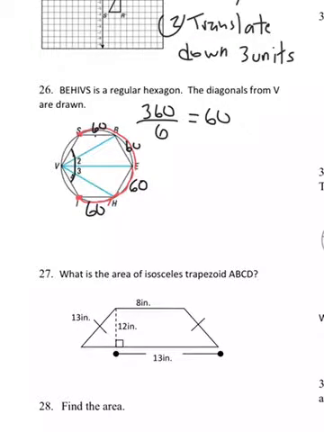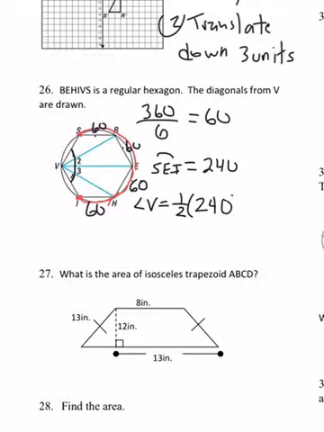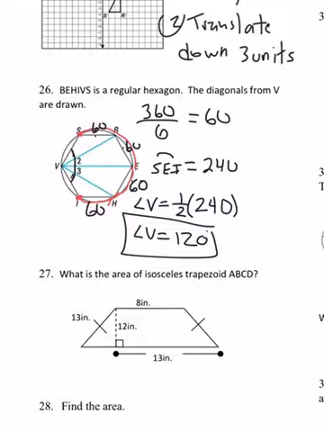And so that's 1, 2, 3, 4. So arc SEI is 240. The 4 numbered angles, basically angle V, is equal to 1/2 the arc it intercepts. So half of 240 is 120.